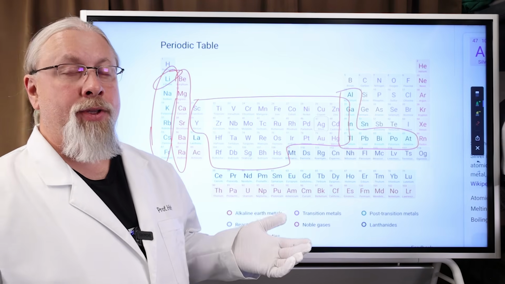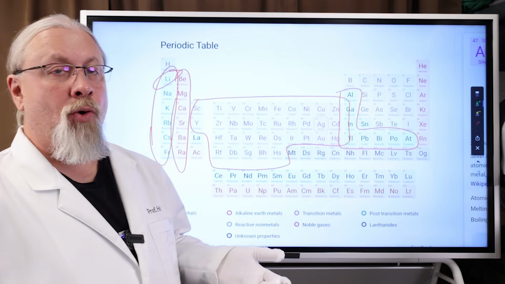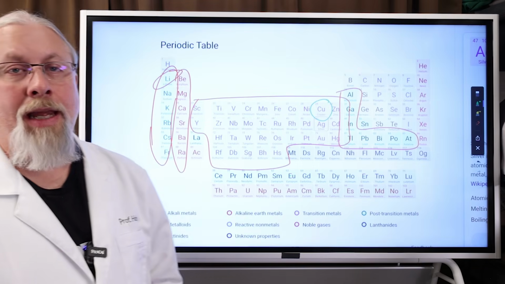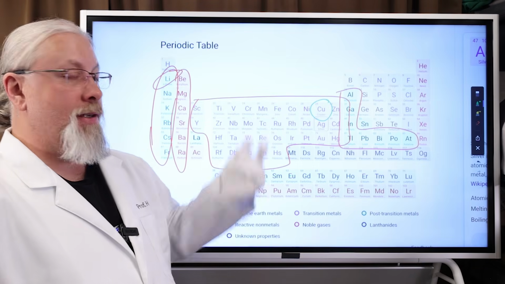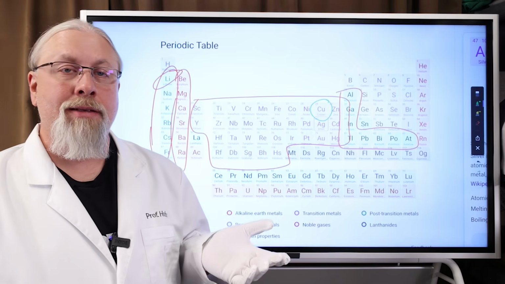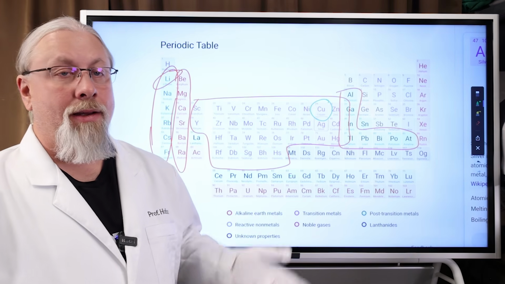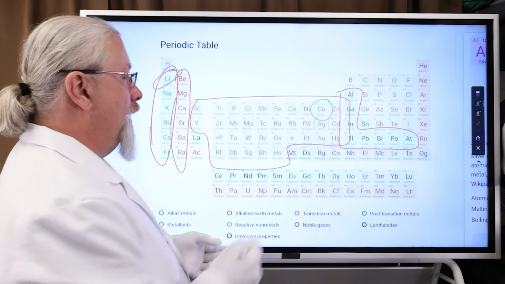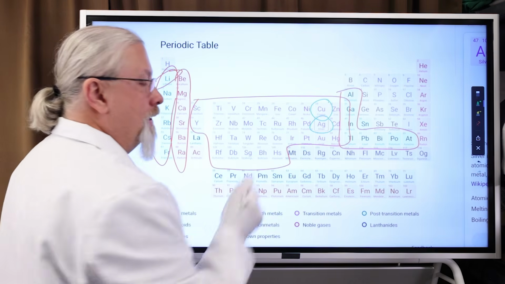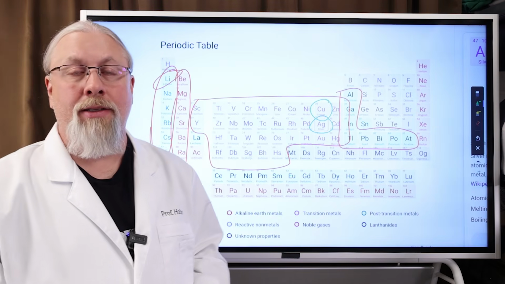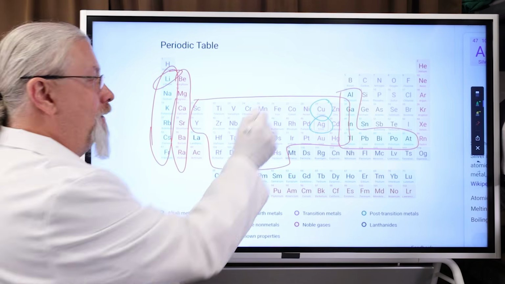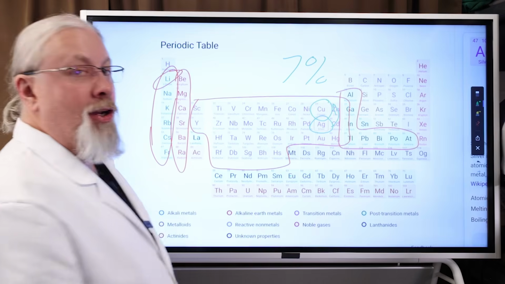You may already know that the most common metal used in electrical wiring is copper. That is Cu right here on the periodic table. So you may just immediately assume copper has to be the best because it's used in everything. However, copper is actually the second best conductor of electricity behind what's right below it, silver, which is Ag on the periodic table. Silver is actually 7% better at conducting electricity than copper is.